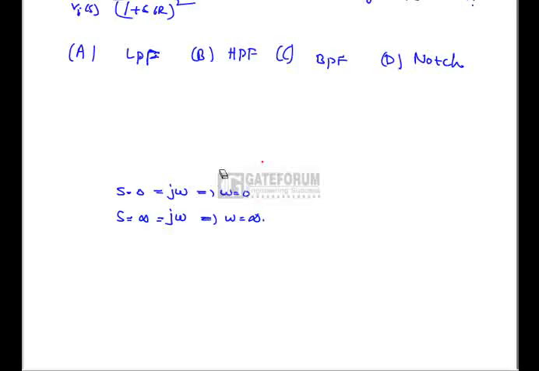If we substitute S equals to 0, we will get output V naught by Vi equals 1, whereas at S tends to infinity, the output V naught by Vi equals 0, means it is performing a low pass filtering action.